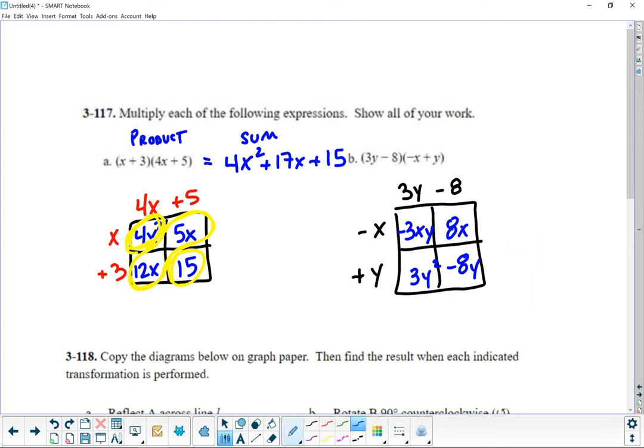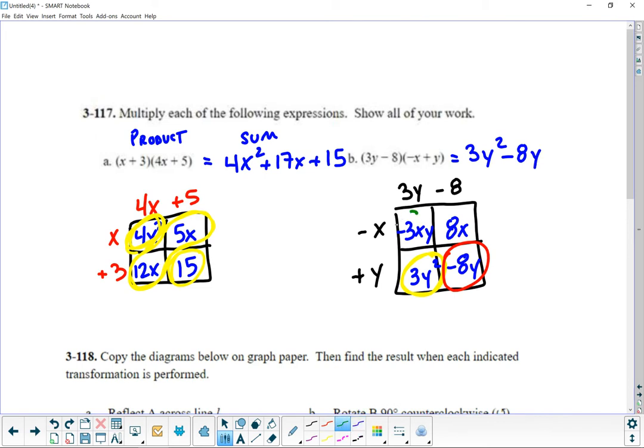Okay. So same thing as the last one. I'm going to go ahead and total up what's the same. In this case, they're all going to be individualized. So you got 3y squared. Nothing else has a y squared in there. So your answer is going to be 3y squared. Then you also have negative 8y. Nothing else has just a number and a y, so you're going to put down minus 8y.